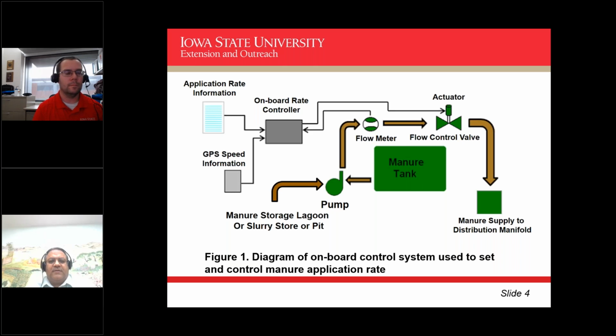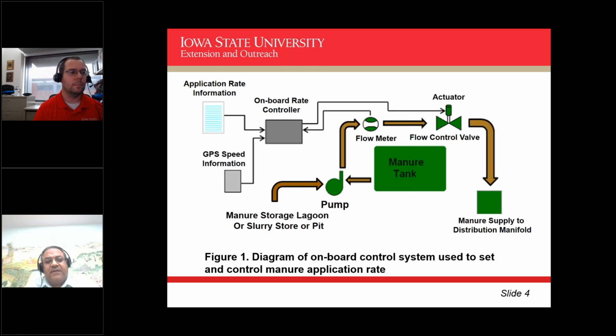So, starting with the liquid manure application, we drew up a little schematic to share with you guys. In the majority of systems these days, we are using the applicator information in our onboard controller, which couples in the GPS information with it.